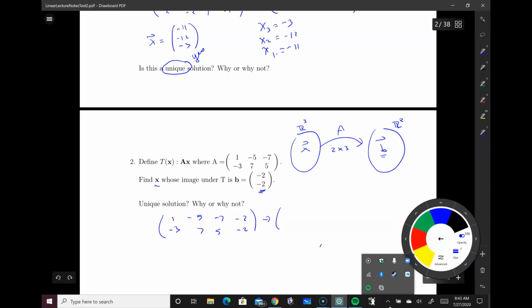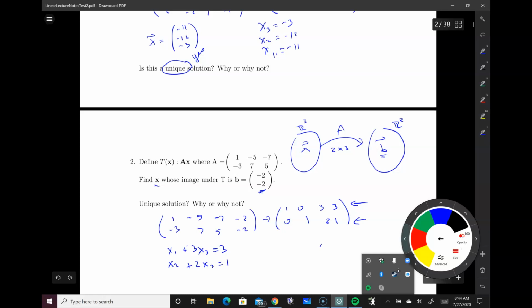So I got 1 0 3 3, 0 1 2 1. Okay, so then from here, I'm going to see what the solutions are. This row here says 1 times x1 plus 3 times x3 equals 3. The second row says 1 times x2 plus 2 times x3 equals 1.